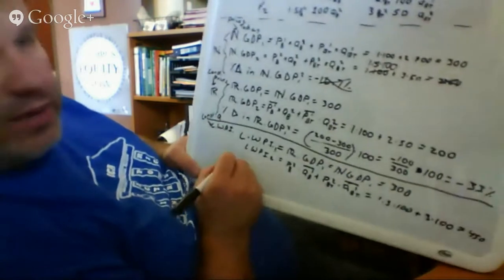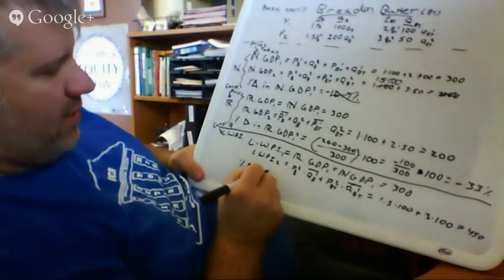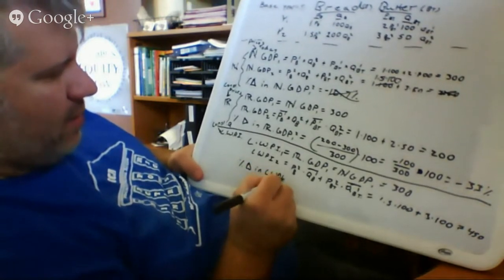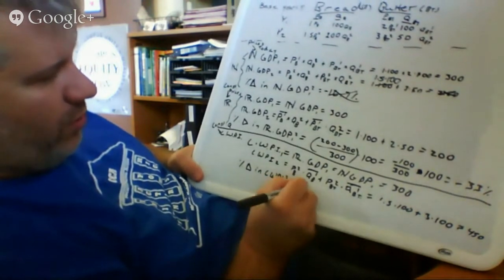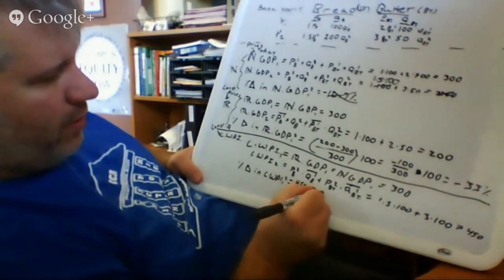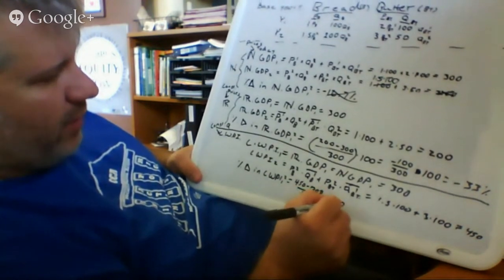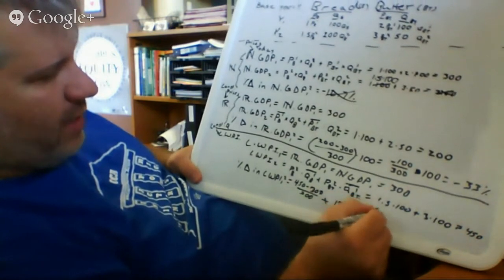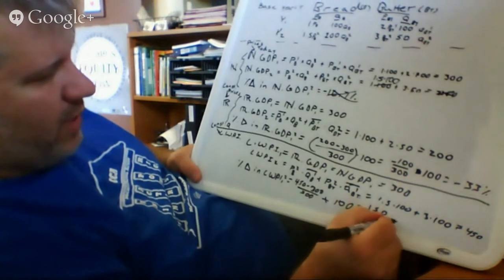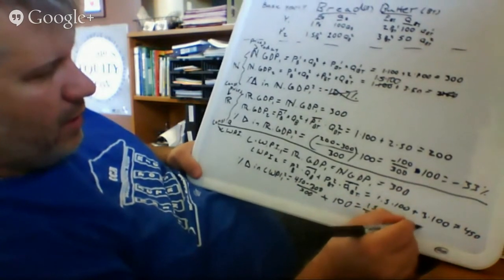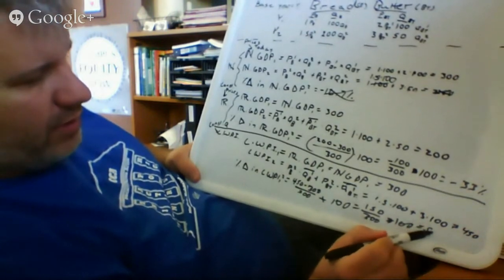Okay, so now we can do the percentage change in our constant weight price index from year one to year two, and that's going to be equal to new minus old over old times 100, and that's 150 over 300 times 100, which means our percentage change is 50%, right?